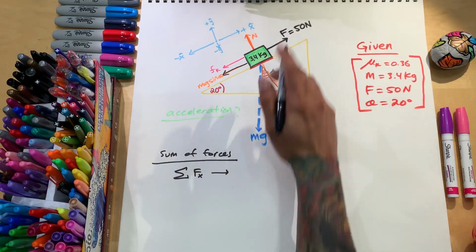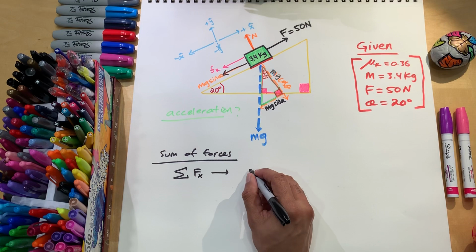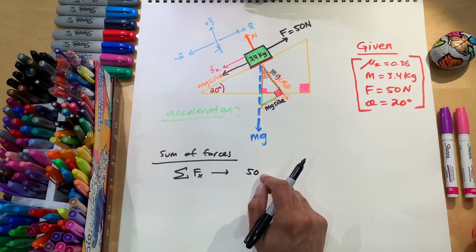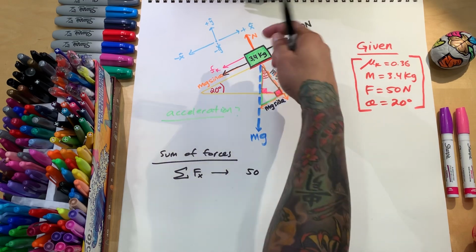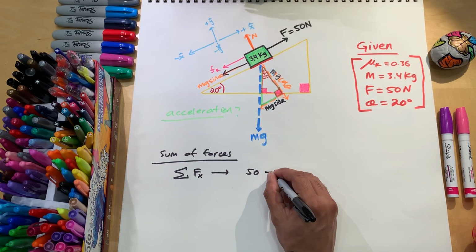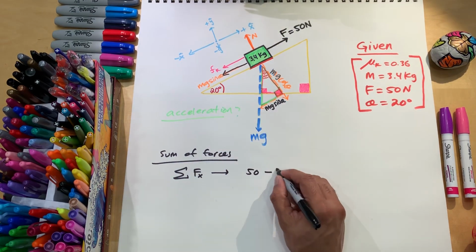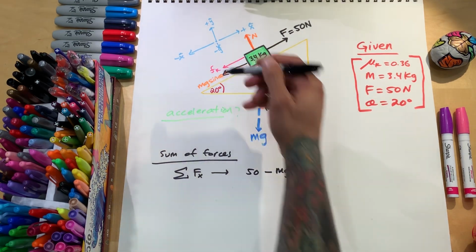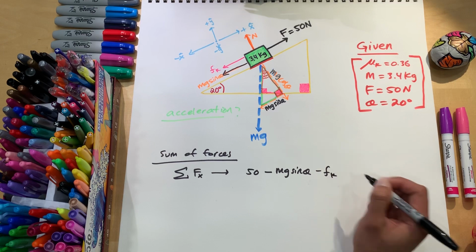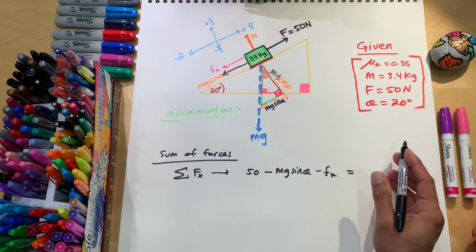This one is positive, so I'm going to write 50. I'm going to leave out the newtons, so no units. So that's positive 50, and negative mg sine theta, and negative friction. All of that equals ma.